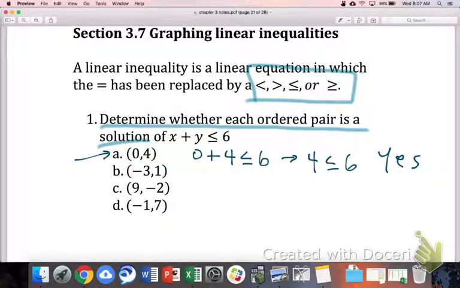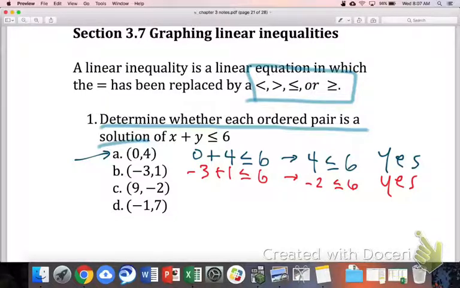For B, we plug in and we get negative 3 plus 1 is less than or equal to 6. When you do a little arithmetic there, you get negative 2 is less than or equal to 6. Is that true? Yes, that is a solution.